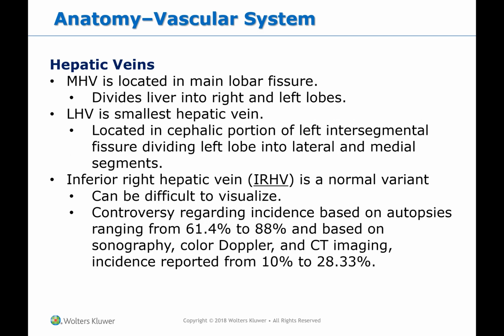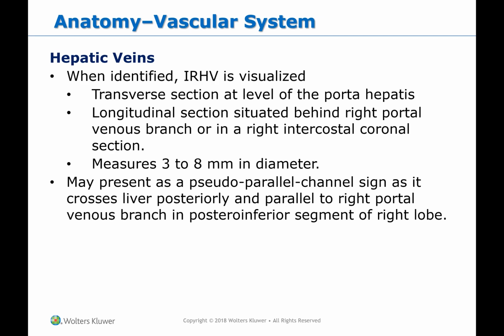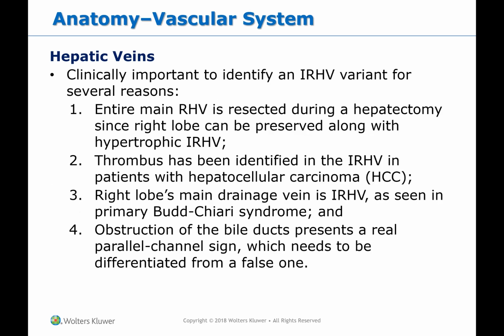The main hepatic vein is located in the main lobar fissure, and the left hepatic vein is the smallest hepatic vein. The inferior right hepatic vein is a normal variant, but it can be very difficult to visualize. That's pretty much all I want you to know about that.